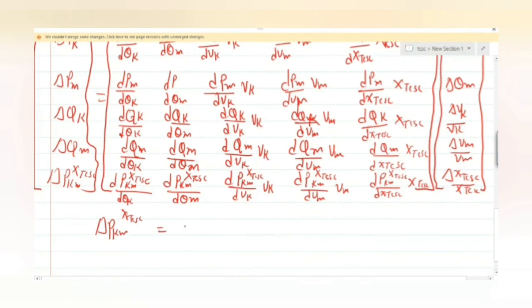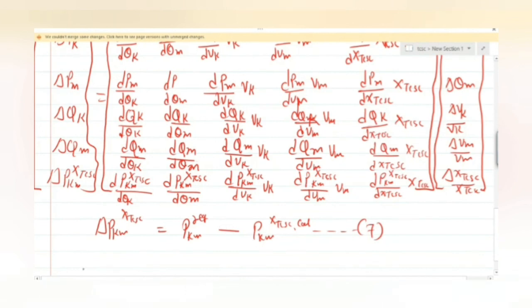is equal to Pkm regular minus Pkm x TCSC calculated. What is Pkm? It is the active power transmission between bus k and m.